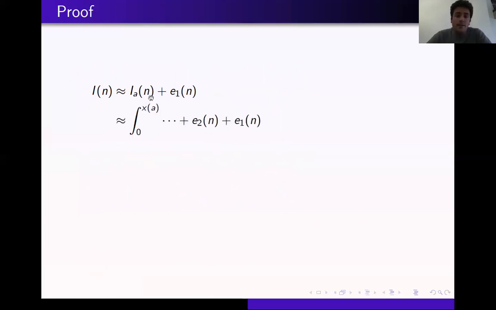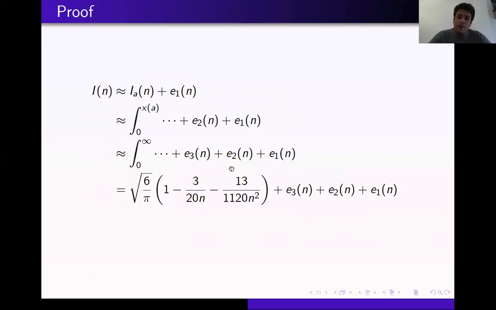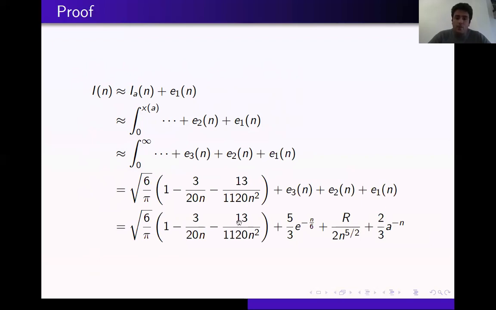Then we considered in the integral the first terms of the Taylor expansion plus the remainder, arriving at this first part of the integral plus the second error term. Then we completed from 0 to infinity, and we had to subtract the integral from x of a to infinity. That was upper bounded by the third error term, E3 of n. All in all, this is what we did so far.